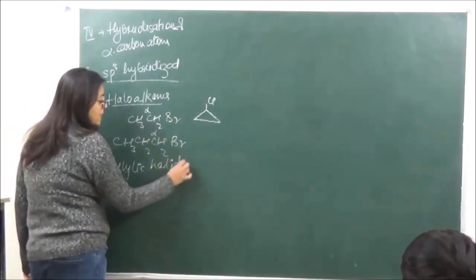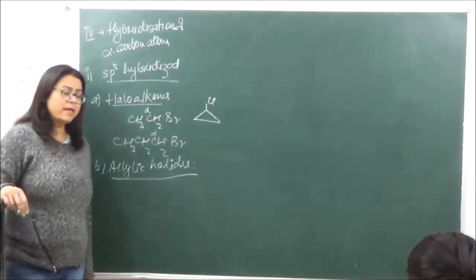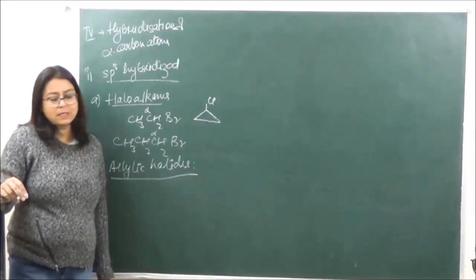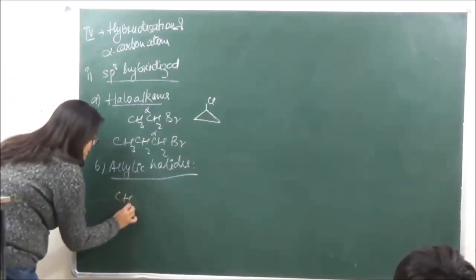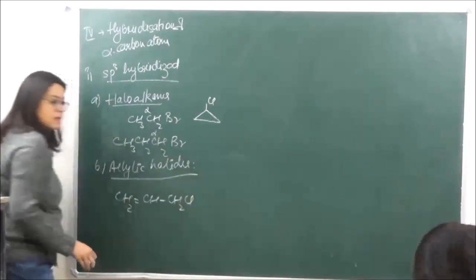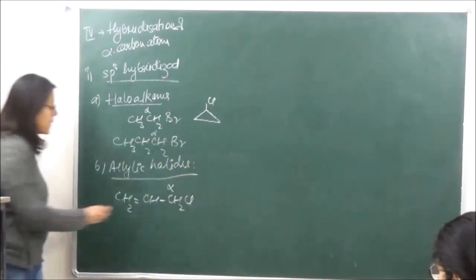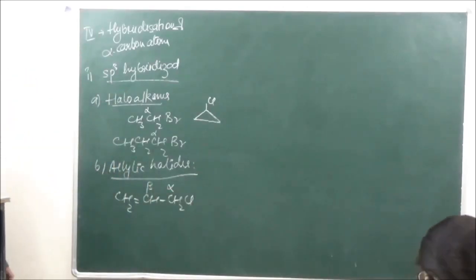In allylic halides, the alpha carbon atom is sp3 hybridized, but the beta carbon atom is going to be sp2 hybridized. An example we can take over here is CH2 double bond CH, CH2 Cl. You can see that the alpha carbon atom is sp3 hybridized, but the beta carbon atom is sp2 hybridized.